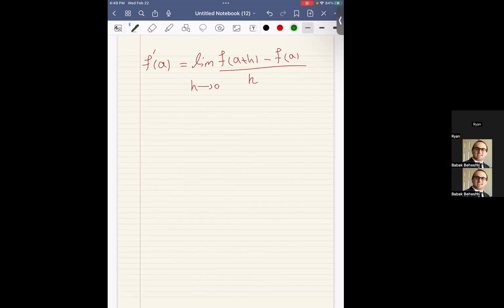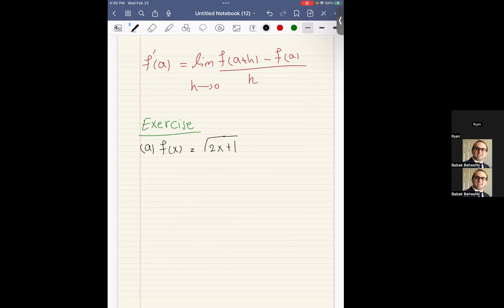Now I give you some exercises. Part A: f of x equals the square root of 2x plus 1.